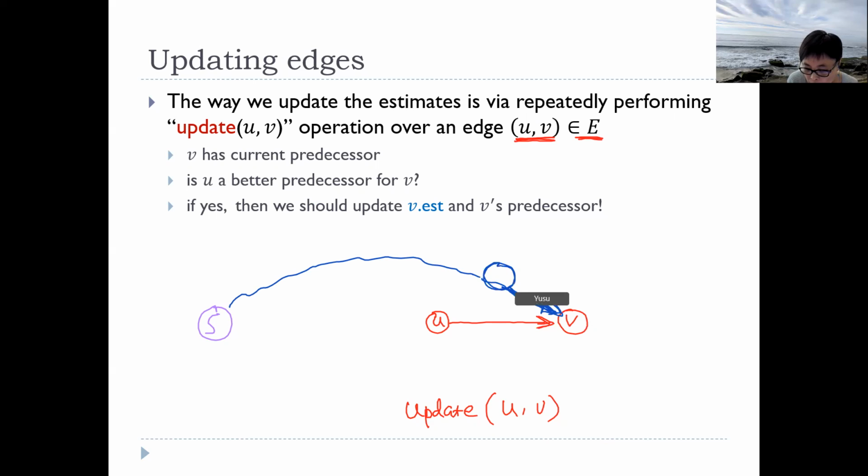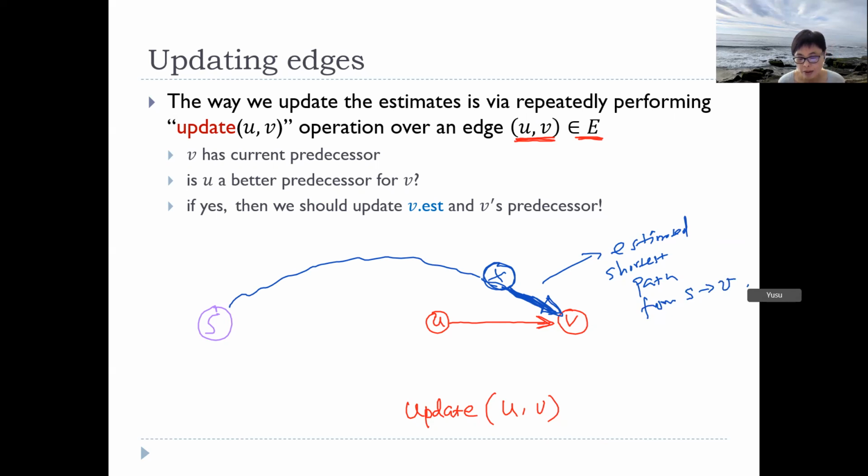Let's call this one X. So this blue one is so far the estimated shortest path from S to V, and this is its predecessor. The update operation essentially is asking, can I find a better way to reach V taking U as the predecessor?